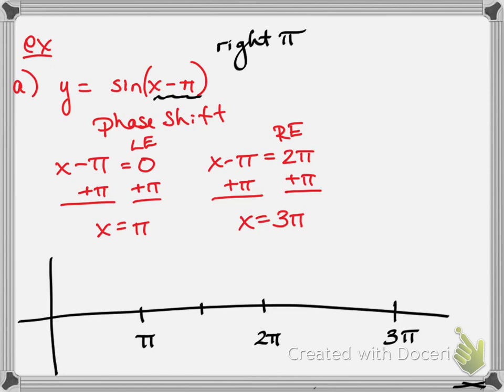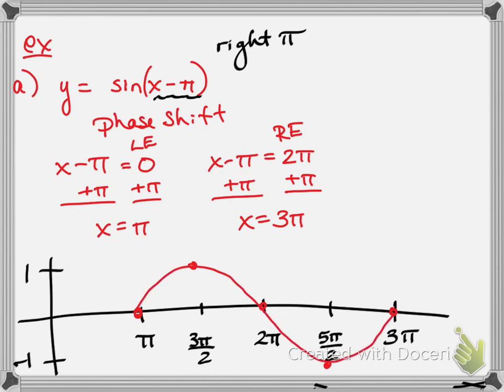This is 3 pi over 2, and this is 5 pi over 2. And amplitude of 1. So the only difference is that we're just scooted over pi units, and that's what that looks like. It gets a little more complicated when there is a B and a C in the problem.